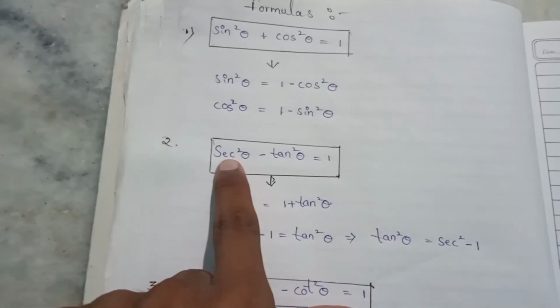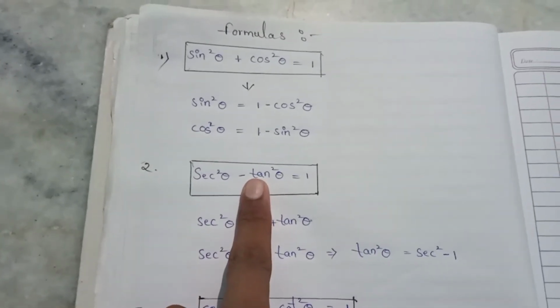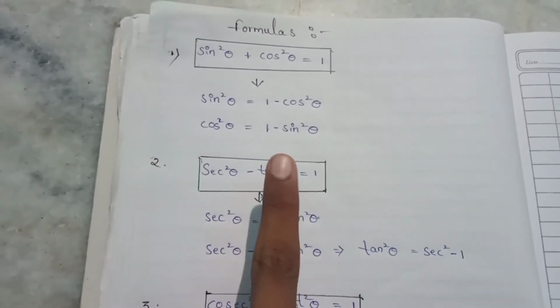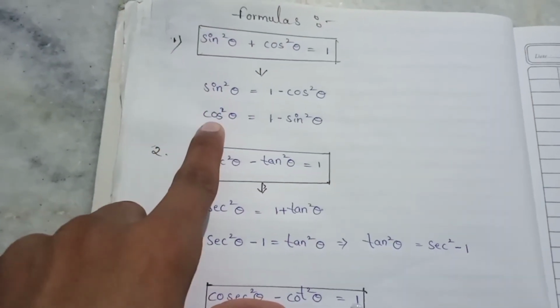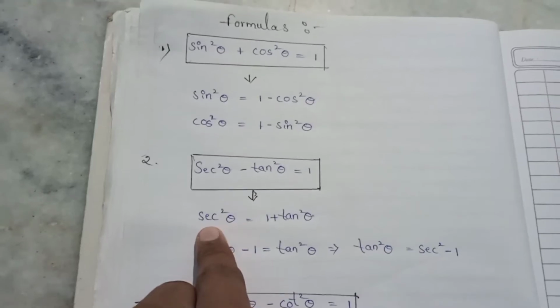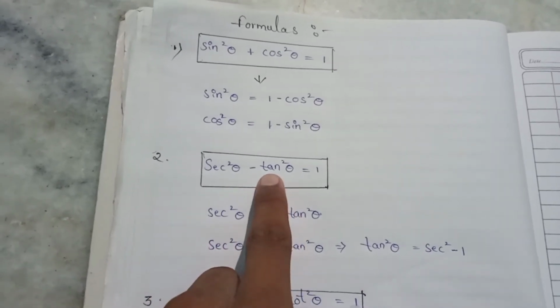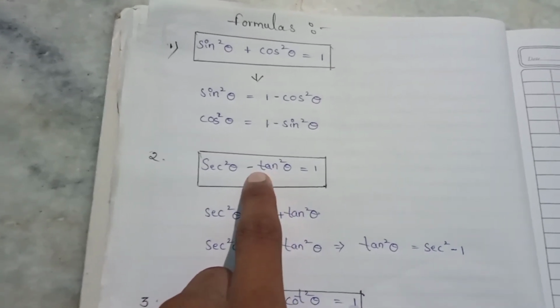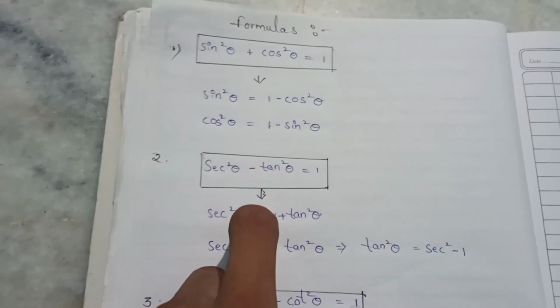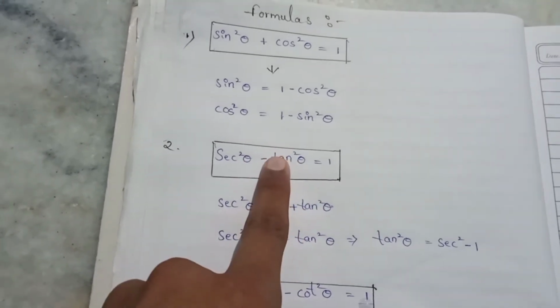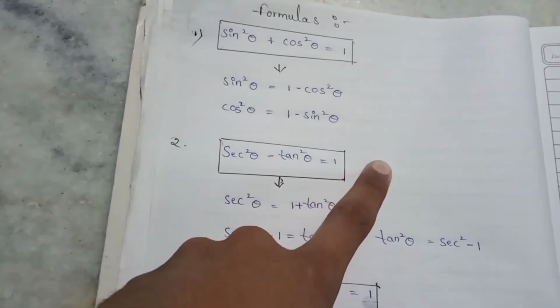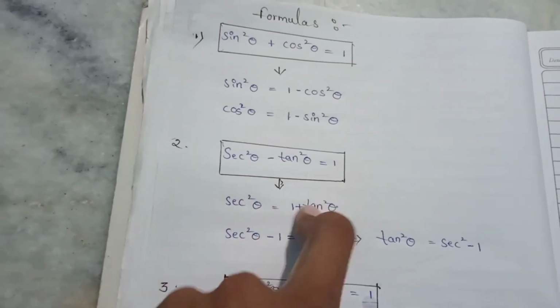Next, whatever value we are finding, it must be in the form of addition. Here it is in the form of addition. Now we can find tan square theta, but it is in the form of subtraction. So let us bring this minus tan square theta to the RHS side and this 1 to the LHS side.